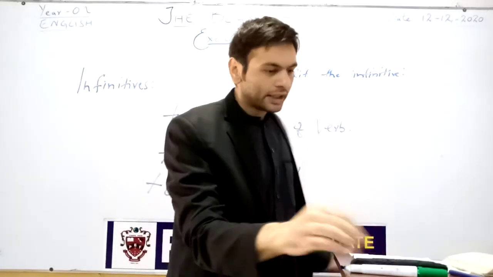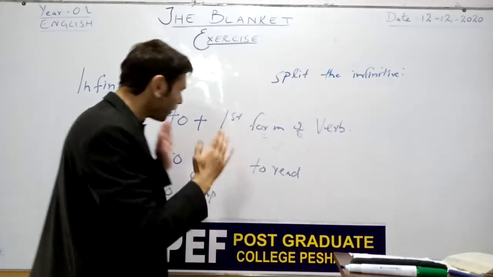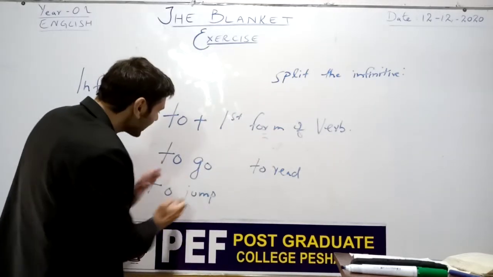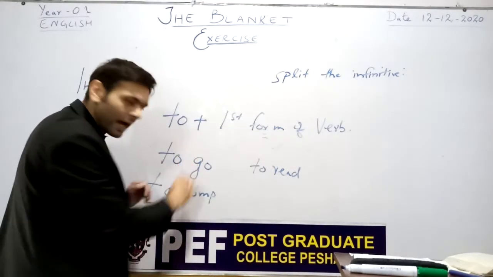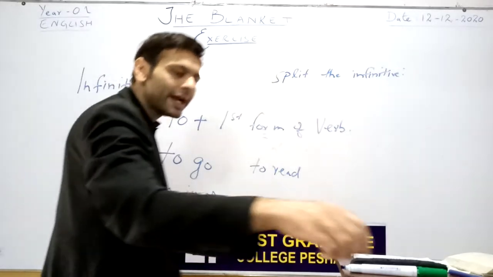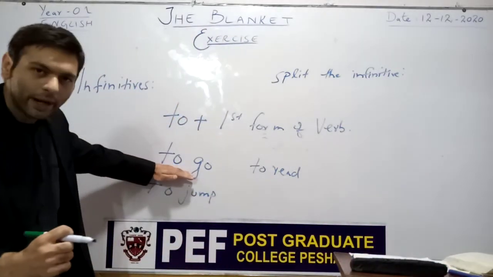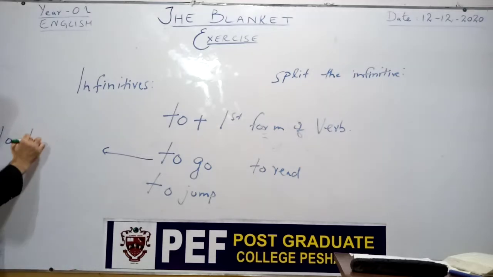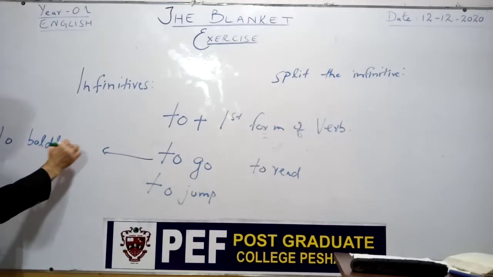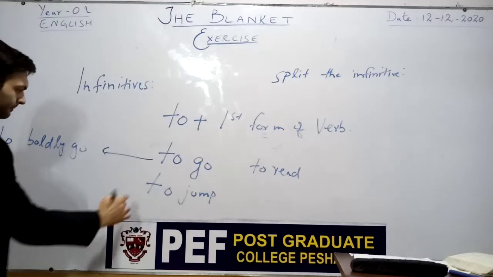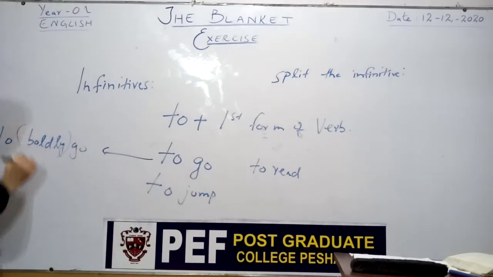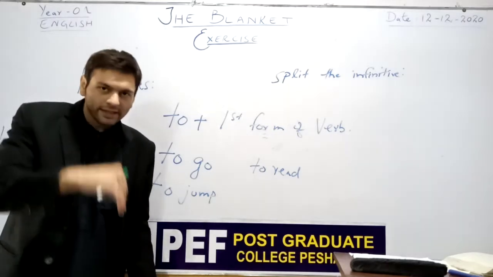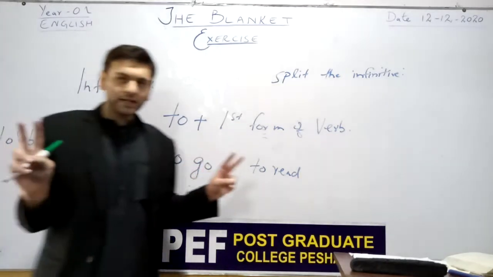Splitting the infinitive का मतलब ये है कि क्या ये possible है कि जो to है साथ में हमारा जो फर्स्ट फॉर्म है, क्या इसके बीच में, इसके दरमियान में कोई और वर्ड आ सकता है या नहीं आ सकता? मतलब यहां पर जो मैंने लिखा है to go, तो क्या मैं ये लिख सकता हूं to boldly go? क्या ये पॉसिबल है कि मैं इंफिनिटिव को स्प्लिट करके उसमें एक और वर्ड इस्तेमाल करूं? यहां पर अब 2 डिबेट्स चलती हैं.